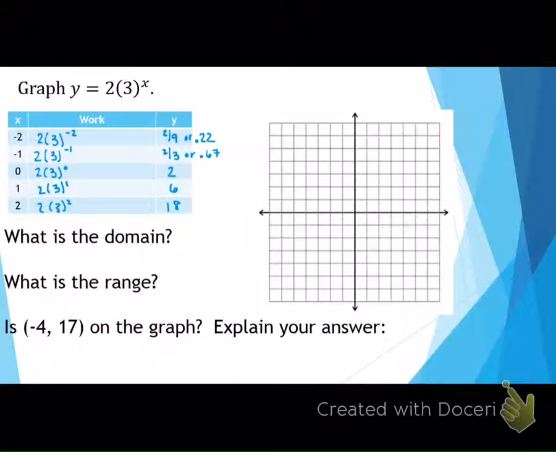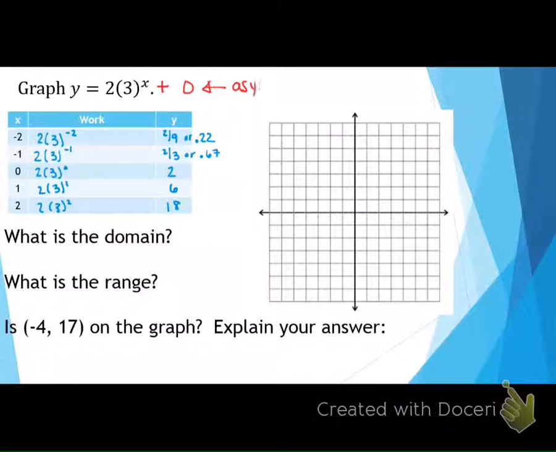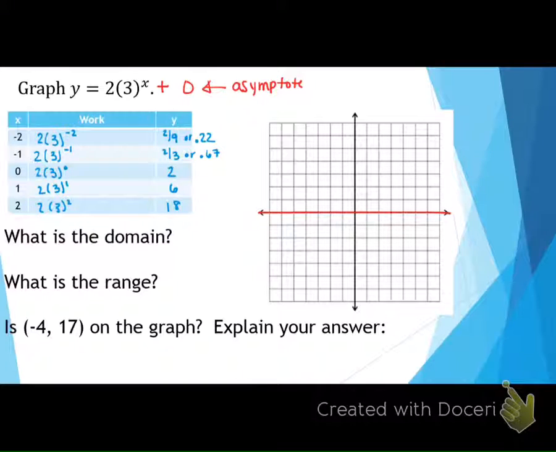So plot the points. But first, Jill, where's my asymptote? Is there anything added at the end? No, so my asymptote is at 0. So we're never going to cross 0 on this one.